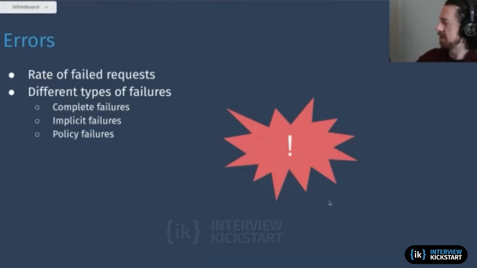The last type of error there, policy failures. This is also a non-obvious type of error, but this one is when we'll get into SLAs pretty soon here. A policy failure is when, even though it returned the proper result successfully, it did so outside of some kind of contractual boundary.